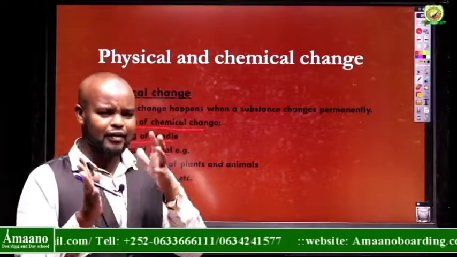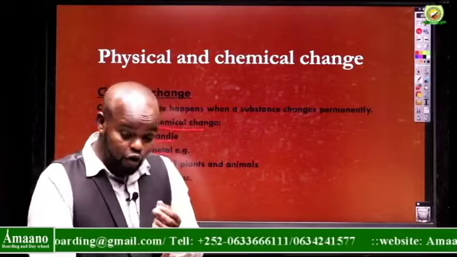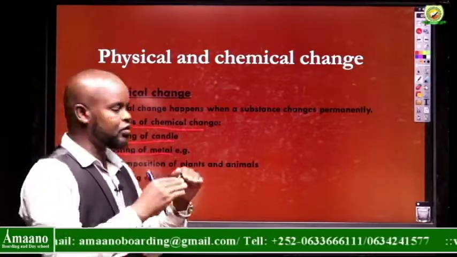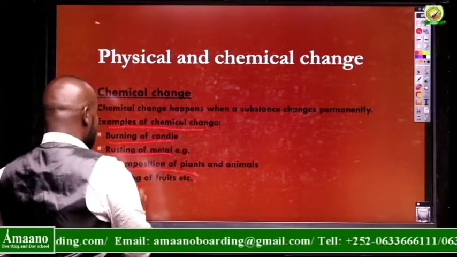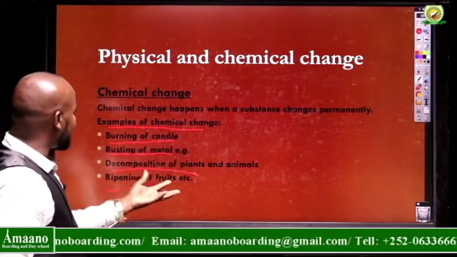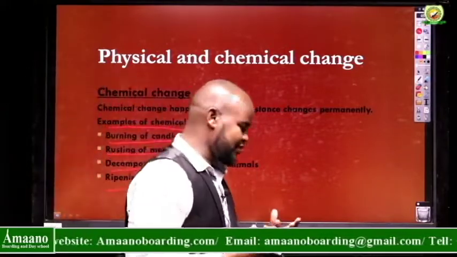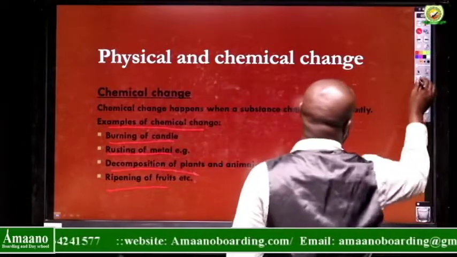That fruit remains unripened for some time, but when it ripens, how it looks and its taste change, right? So it becomes totally different stuff. So decomposition of plants, ripening of fruits, burning of candle, rusting of metal, burning of paper, and others are among the examples of chemical change.